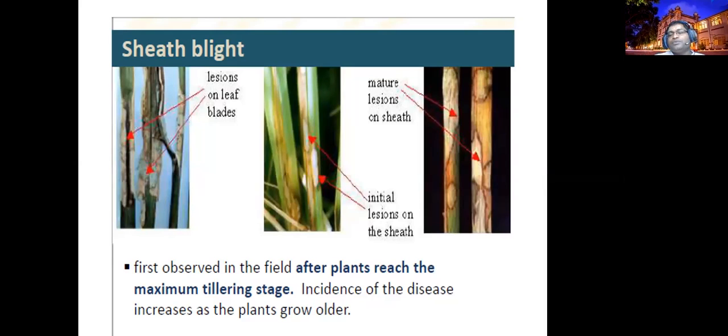If it is a single stem, there is no chance for the sclerotia to get in touch with the sheath region. If it is the heavy tillering stage, sclerotia can easily go inside and get trapped with the water. That's why the disease infection initiates when the tillering stage is advanced.